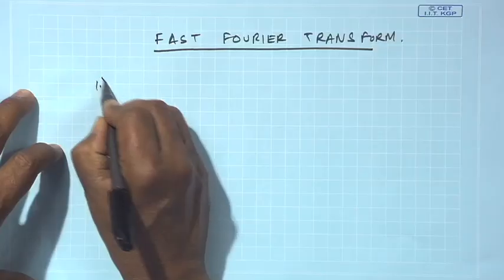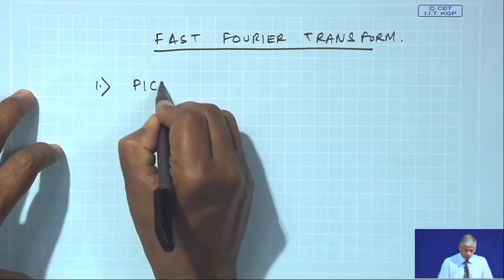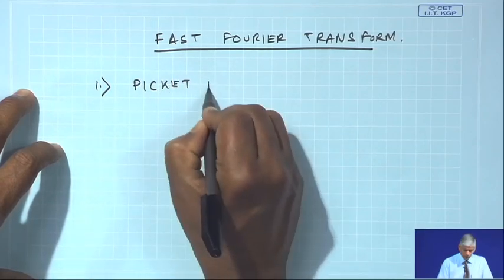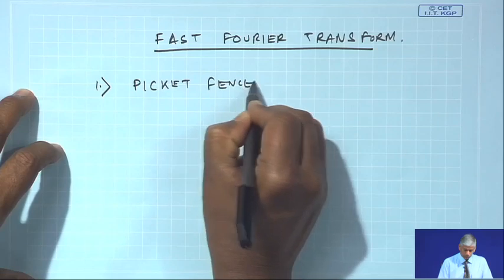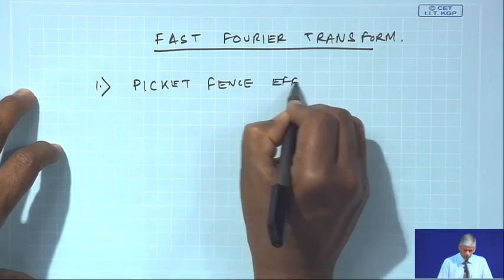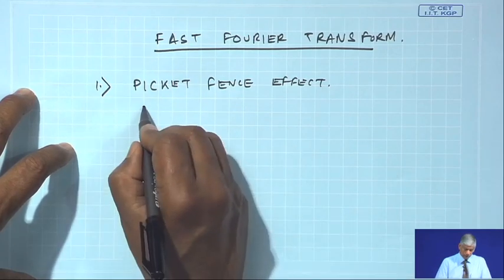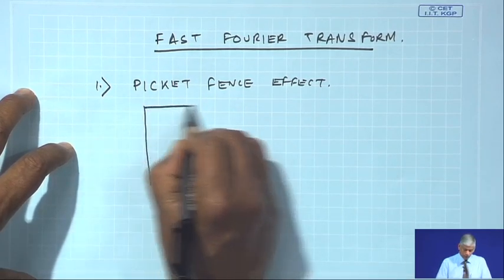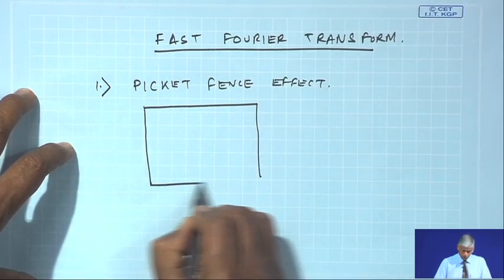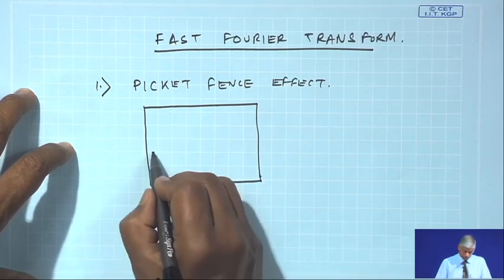The first one is what is known as the picket fence effect. This happens because of inadequate frequency resolution. Let me show you by an example. So, this is my time window. I have some signal.